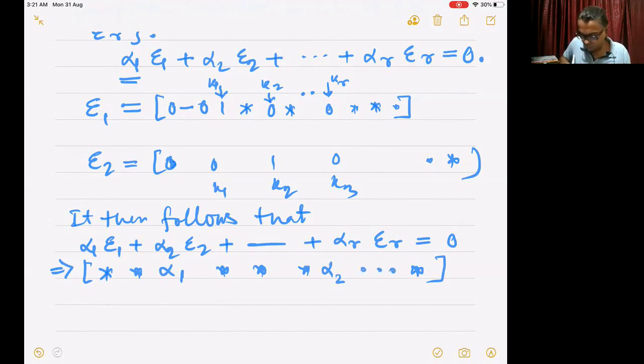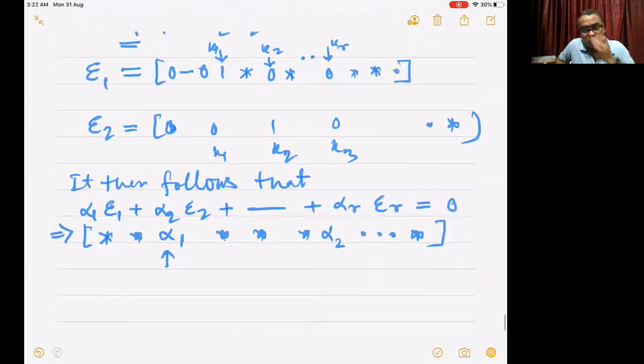So in this linear combination, the alpha 1 gets multiplied to the leading one at the k1 position, and in that k1 position nothing else appears. So only that alpha 1 will be there in the linear combination at the k1 position, right? At the k2 position alpha 2 will appear, at the k3 position alpha 3 will appear, and so on.